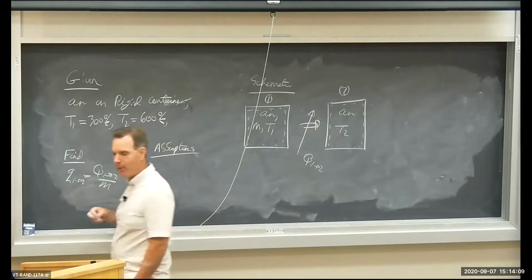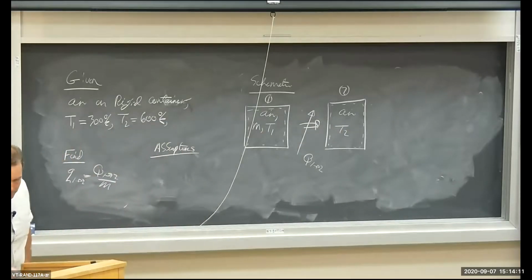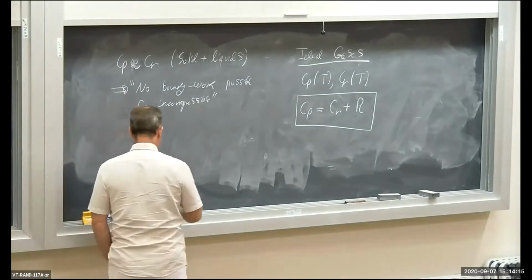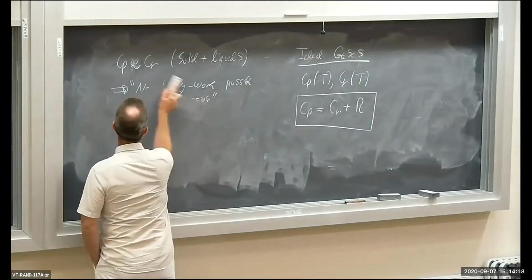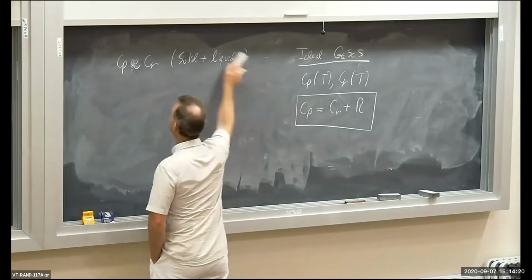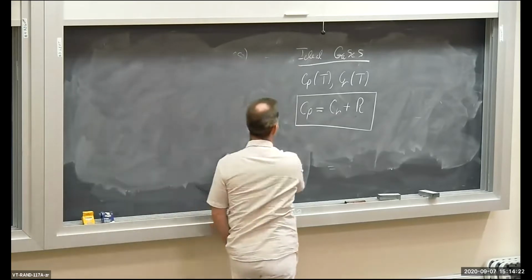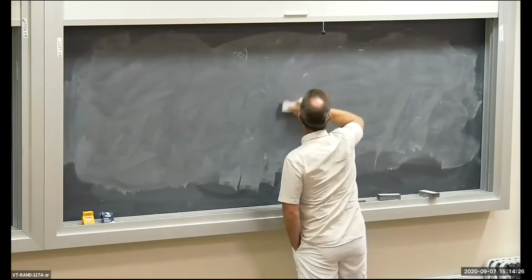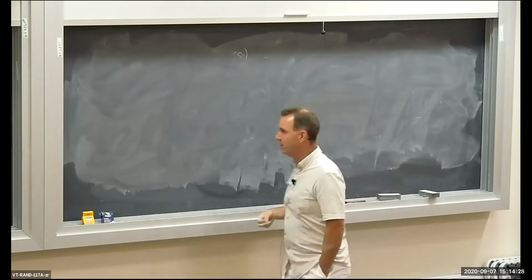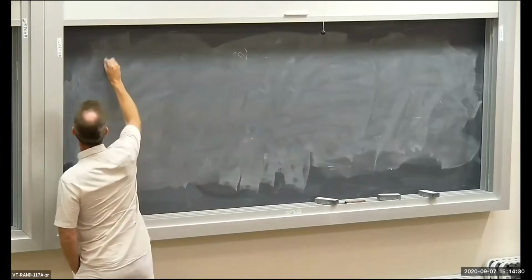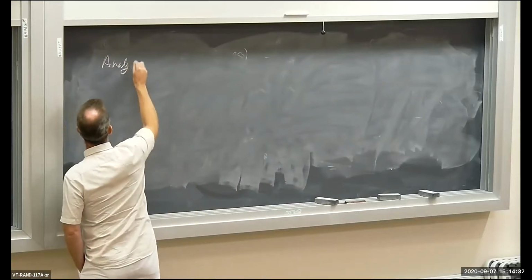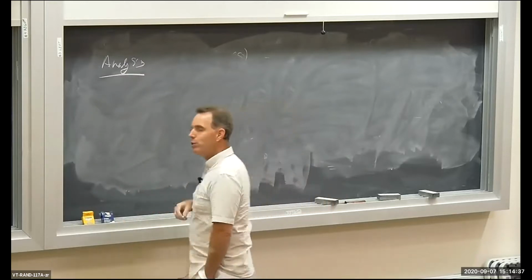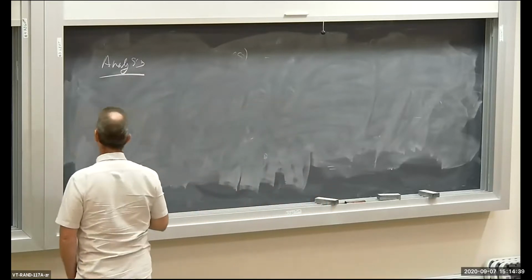All right, so how are we going to proceed here? Well, we're talking about specific heats, so we better use specific heats. We are, after all, on chapter 3, which is specific heats and energy interactions analysis. Let's write down the definition of specific heat.